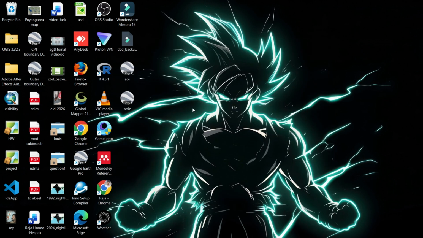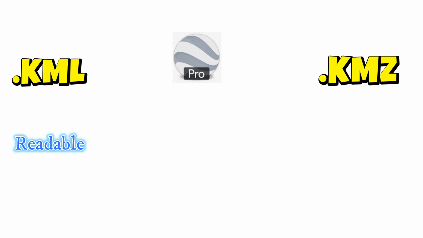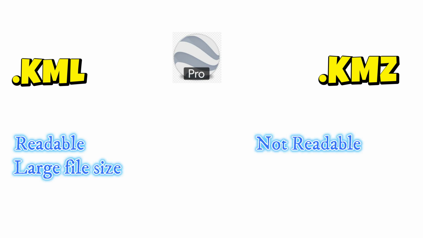Also, there is a difference: if I hover my mouse over it, the size of KML is 1.51 KB. On the other hand, the size of KMZ is just 733 bytes. So in short, KML is readable, but KMZ is not readable, and the file size of KML is bigger than the file size of KMZ.